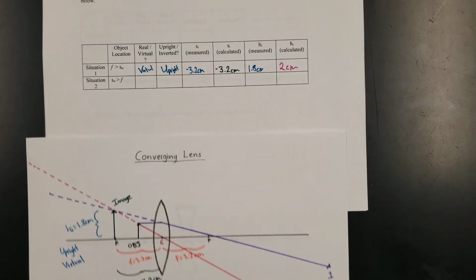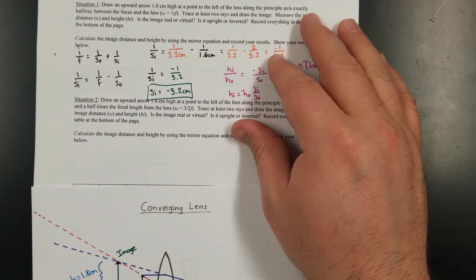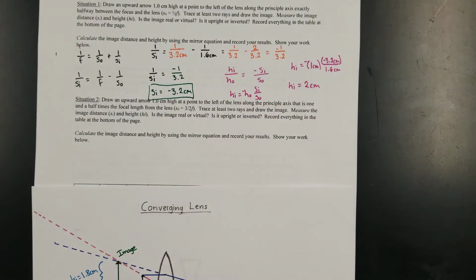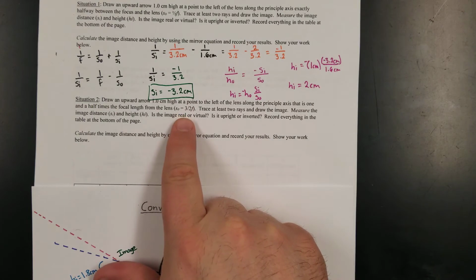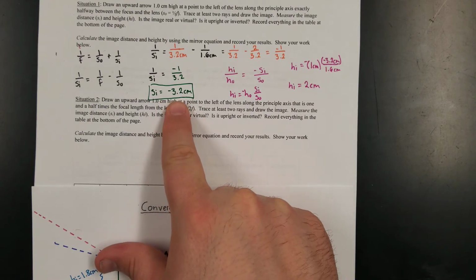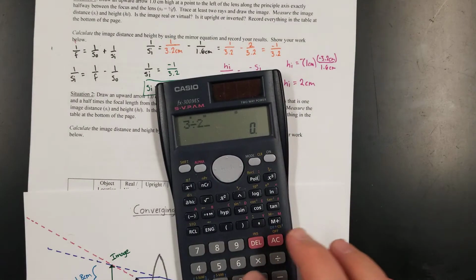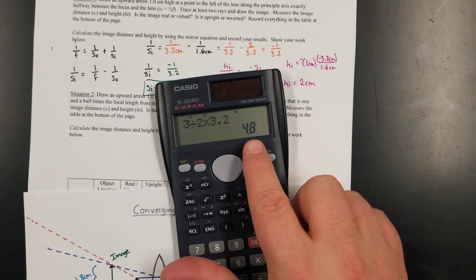So the next one we're going to do, and have you try this on your own, is basically the same lens, same drawing. This time we're going to move the object so that it is 3/2 f. So if f is 3.2, 3/2 of 3.2 would be 4.8.